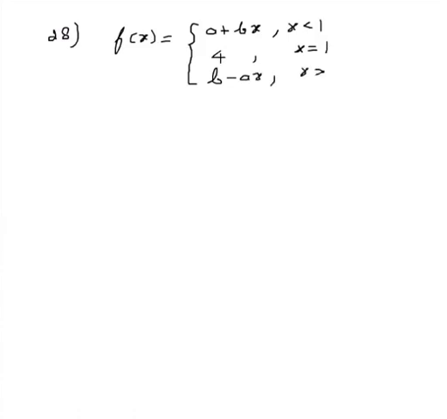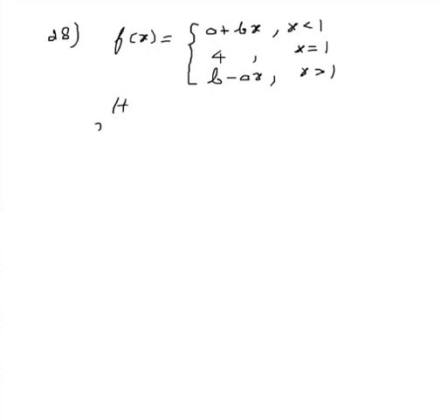Question 28. Function f of x is a plus bx when x is less than 1, and 4 when x is equal to 1, and b minus ax when x is greater than 1.